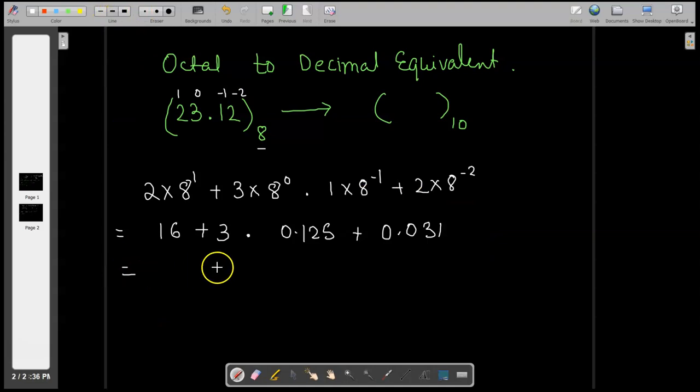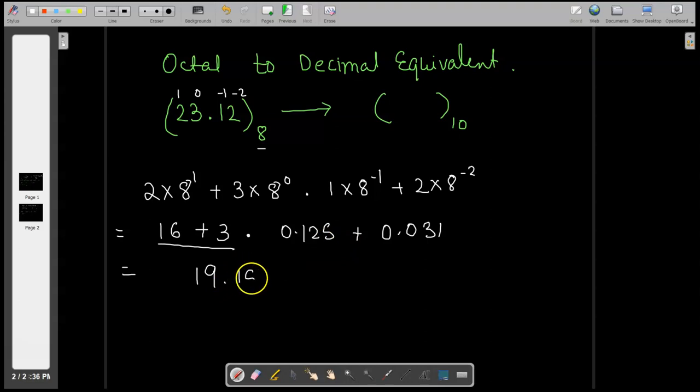So 16 plus 3 is 19 point, and 0.125 plus 0.031 will give you 0.156.